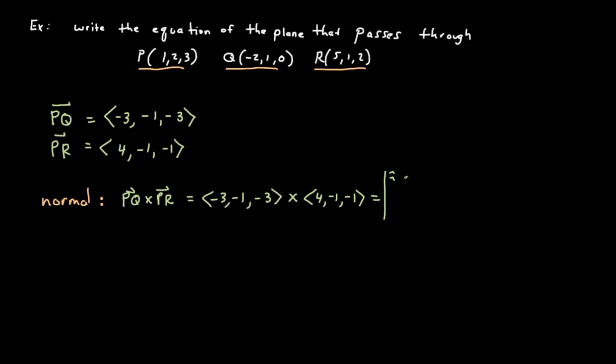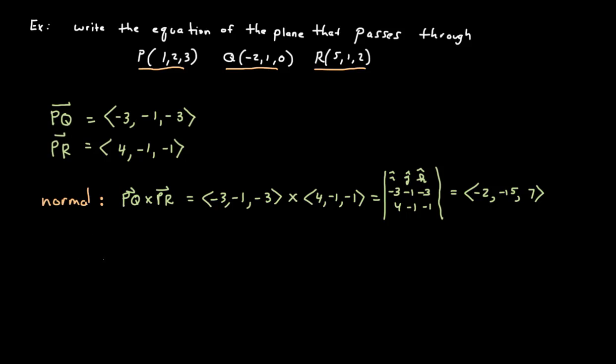We did this last year at the end of AP. If you don't know how to do a cross product, you definitely have to go back and review this, because it is assumed that you know it. So we take the cross product, and that gives us the vector -2, -15, 7.